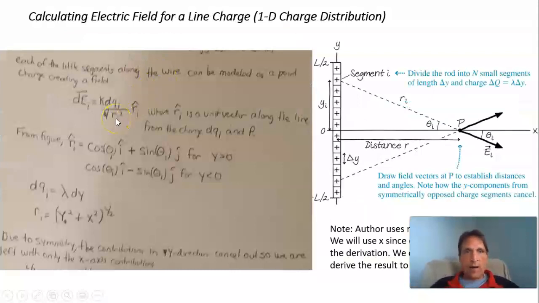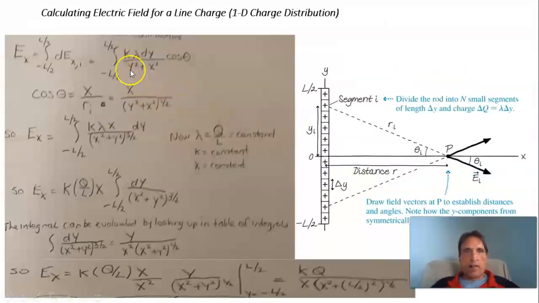It goes as r_i squared, and r_i squared is y squared plus x squared. And then we have this cosine θ because, remember, we're only adding up the x components to get the total field, because we know that the y components are going to cancel in pairs. So what we're solving for is the non-zero component of E. The net field is along the x direction.